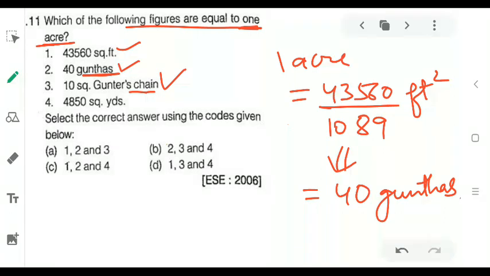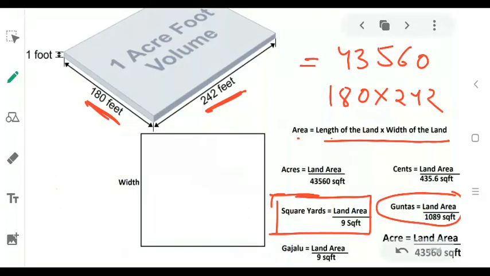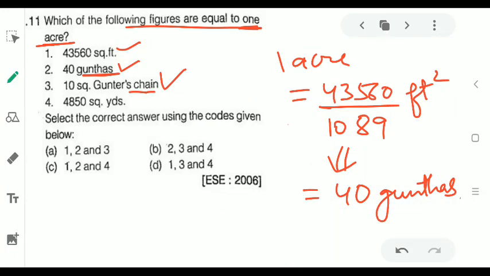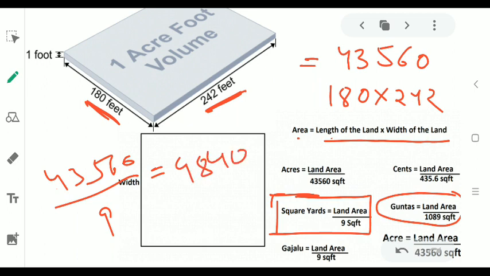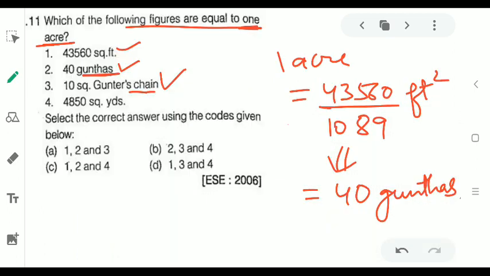Then the last one is in square yards. We can convert the value of area into square yards by dividing the area by 9. We got the area as 43560, so dividing it by 9 we get 4840 square yards.